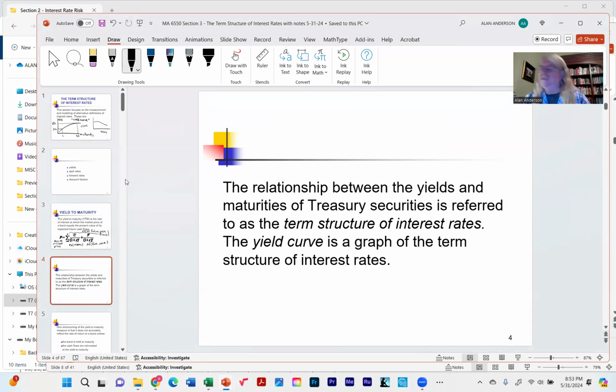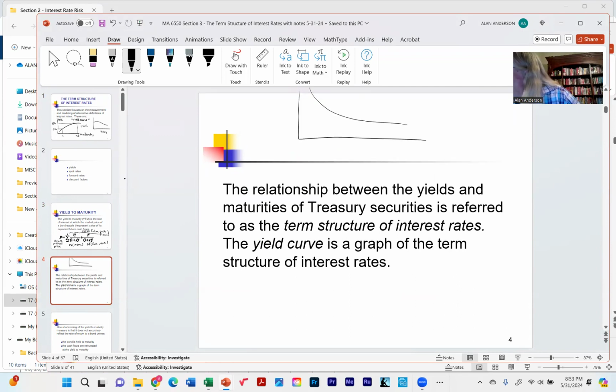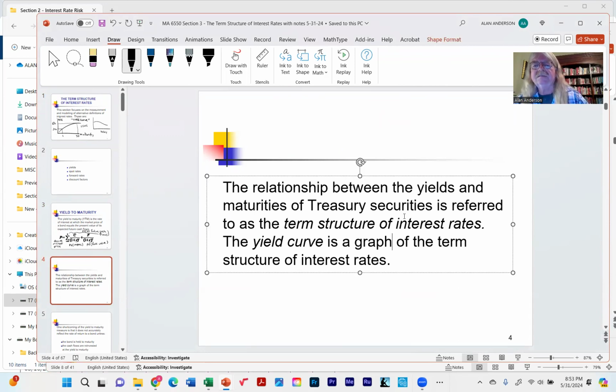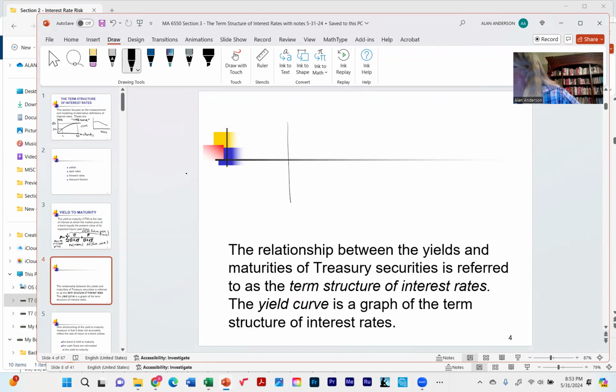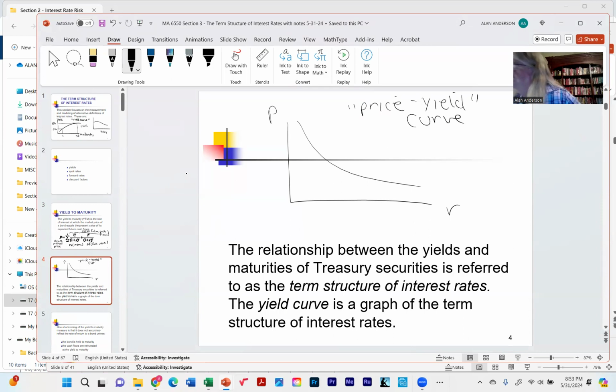And if you look at the price yield curve, you'll see that for every price, there's one and only one yield.